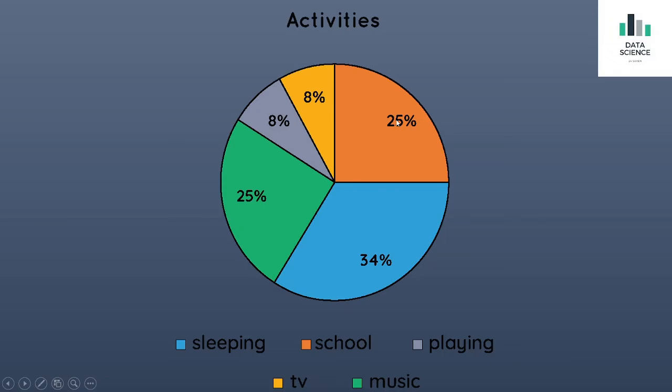And the arc length of 25% should be proportional to the 25% only. And here, like in 34%, since it has the largest proportion in this pie chart, it should have largest arc length, and total comprises of 100%. I think that is all for the pie chart.